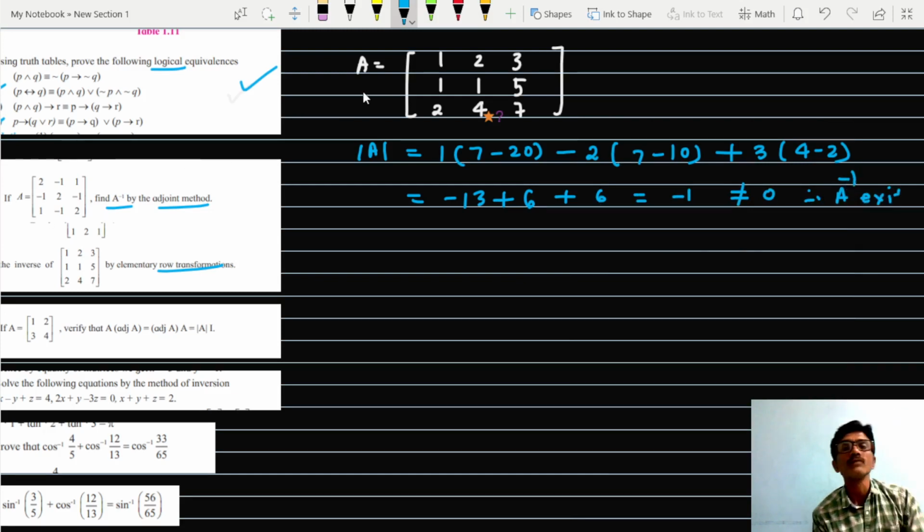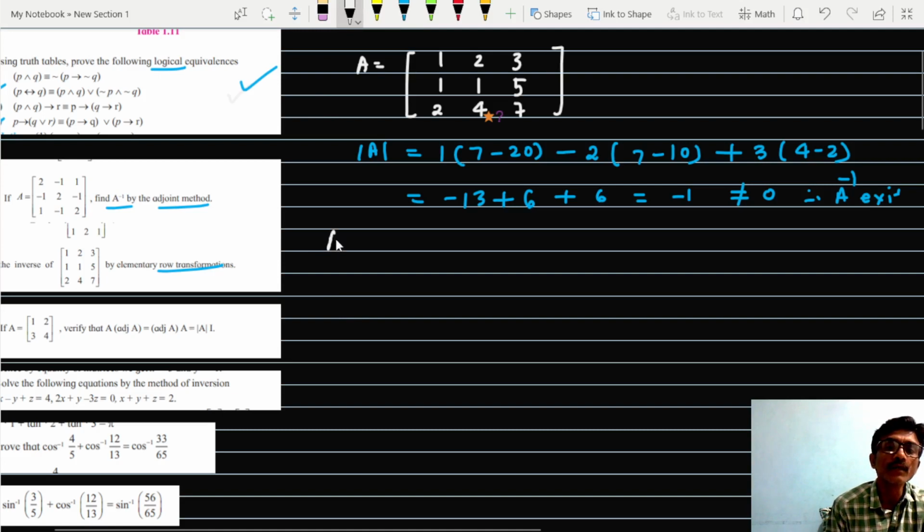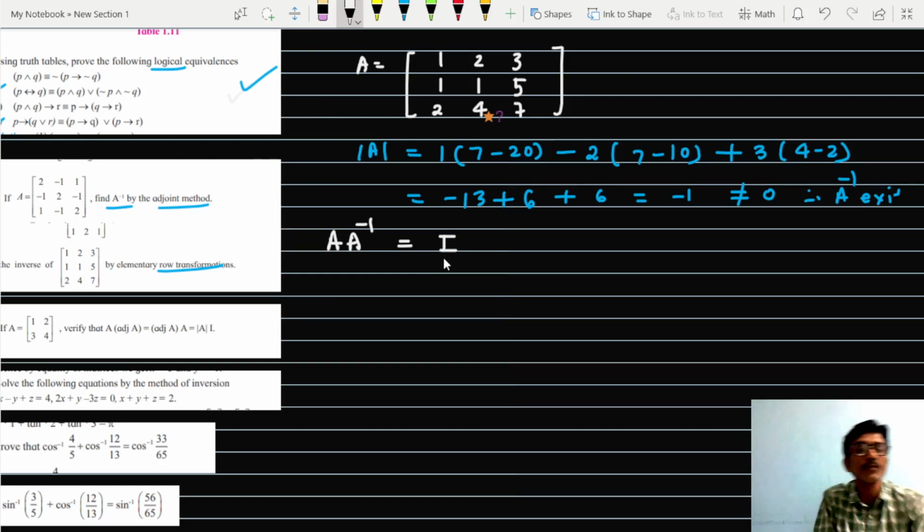Now we find the inverse of this matrix by elementary row transformation. So we write here A into A inverse is equal to the identity matrix, as we are performing row transformation. So first we write the A matrix.